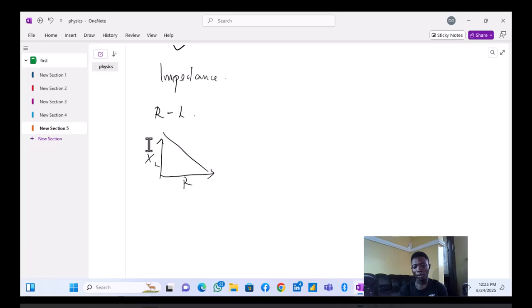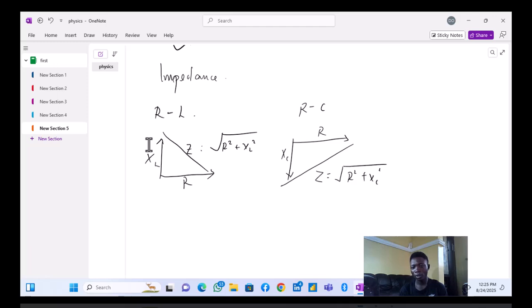The impedance Z here will be the square root of R squared plus XL squared. For the RC circuit, we take the lower part. This is XC, and this is still R. So the impedance Z here is the square root of R squared plus XC squared.